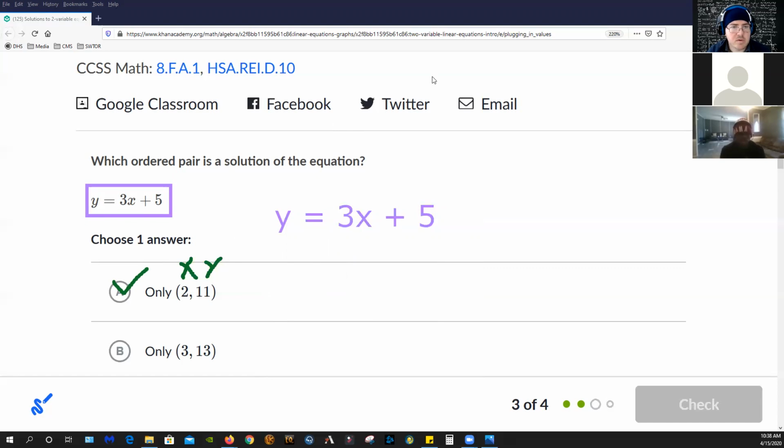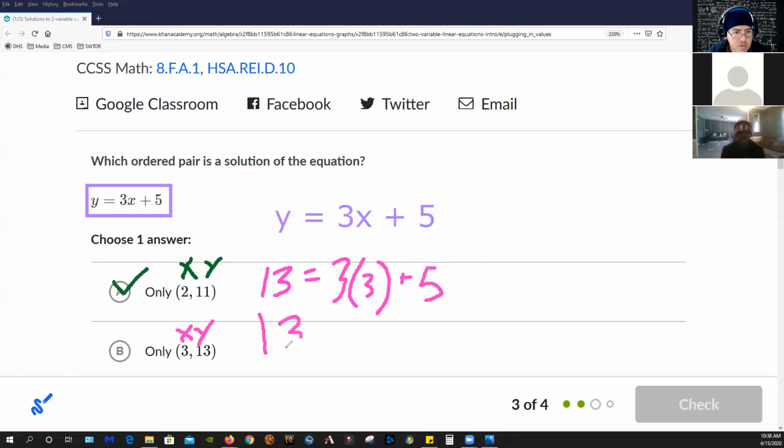I can switch up my colors and let's try this x and this y value. So y, 13, equals 3 times x, which is 3, plus 5. Okay.